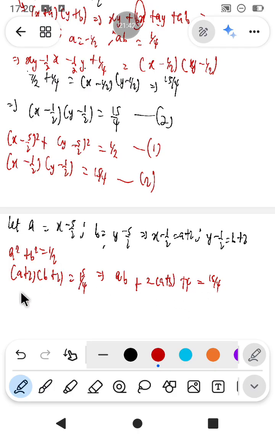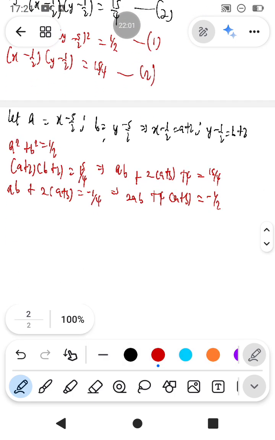If you subtract 4 from both sides, we have AB + 2(A + B) = -1/4. Then you can multiply both sides by 2. If we do that, we have 2AB + 4(A + B) = -1/2. Yeah, negative half.